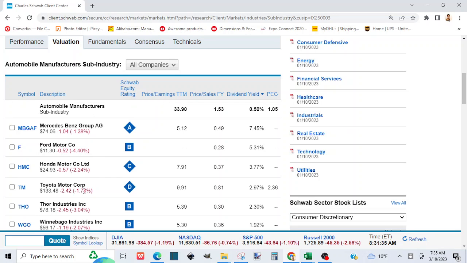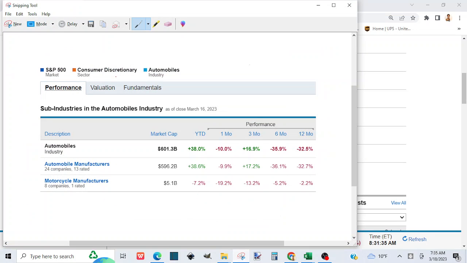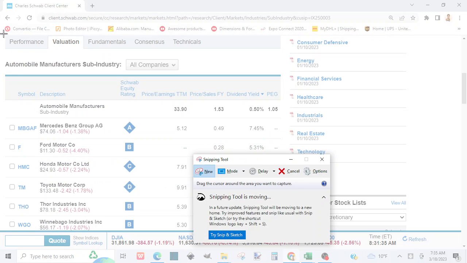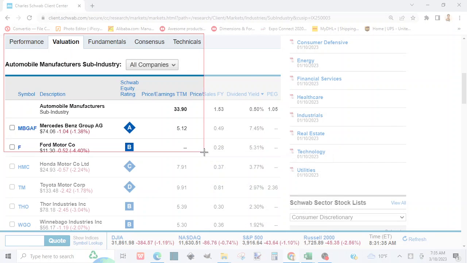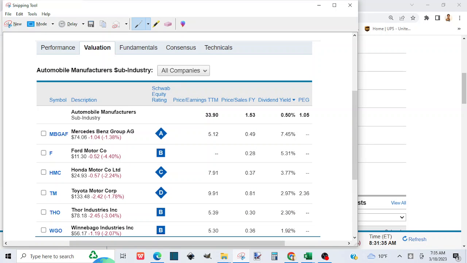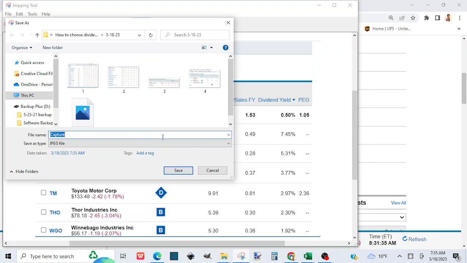Toyota is an international company, but it is showing you corp here. So if you don't use Charles Schwab and you want to take note of those companies, you can take note of those companies and search them on the brokerage firm you use to invest. You can search them there as well.